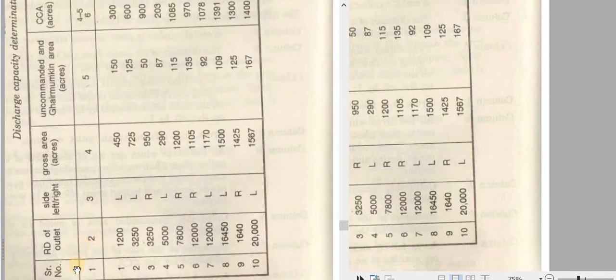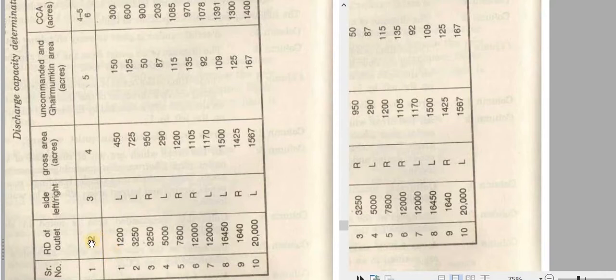Column number 1 is equal to the serial number. Column number 2 is the reduced distance of an outlet.